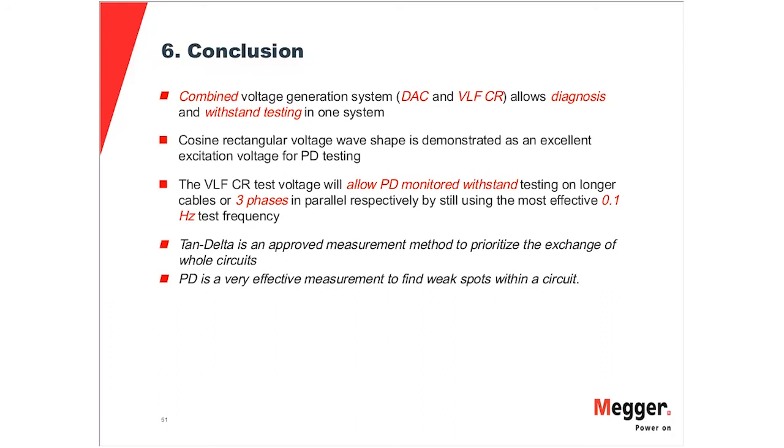So Tan delta, we recommend using to prioritize the exchange of your aged circuit, because it just indicates the health index of your total insulation of the circuit under test, but it does not allow you to localize faults. While partial discharge is a very effective and easy to use measurement to be able to find the imperfection within the circuit under test.